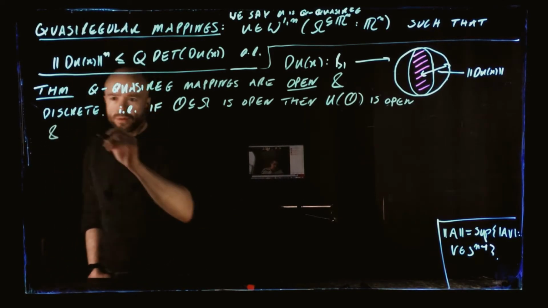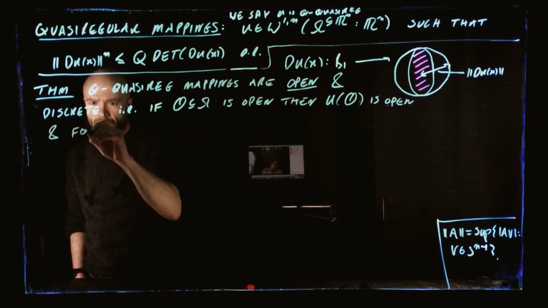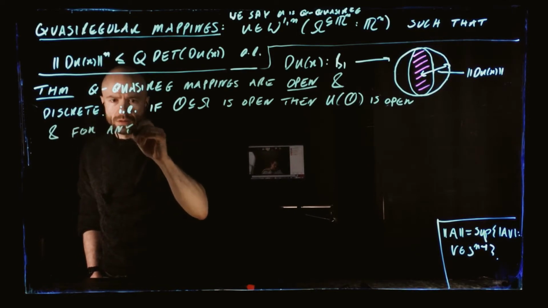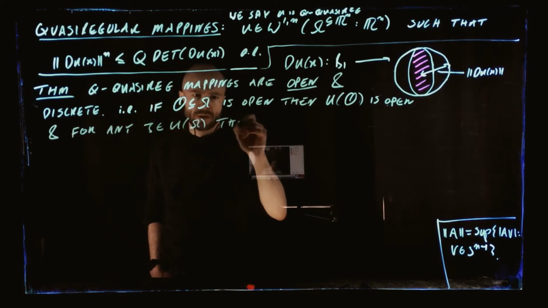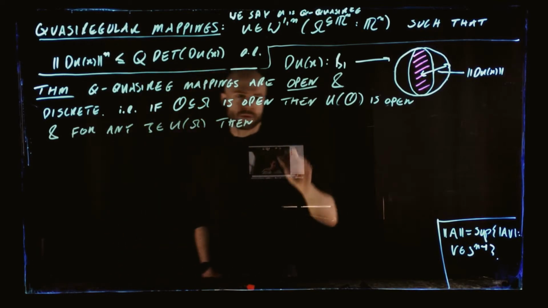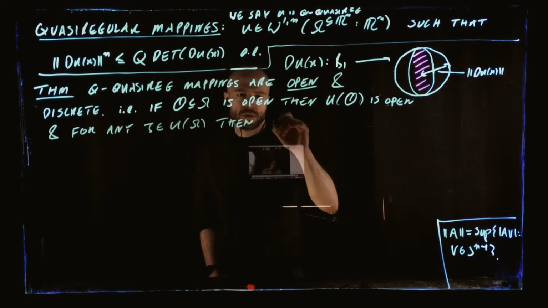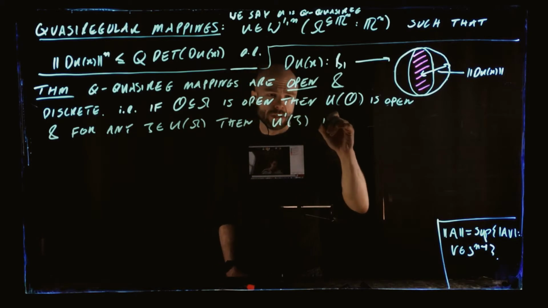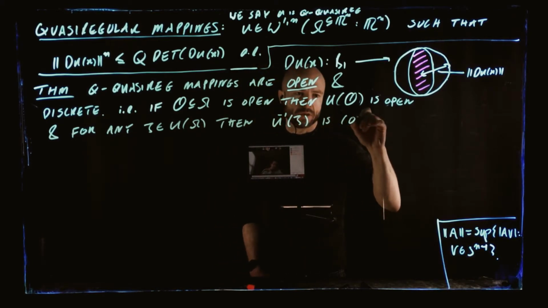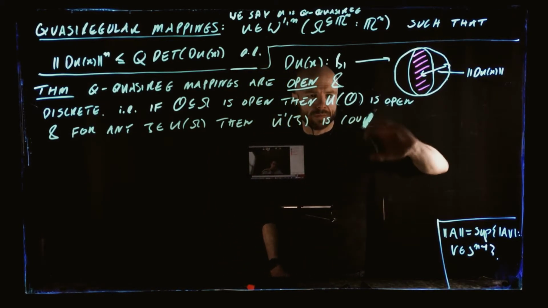means that if we take any zeta inside the image of omega, then u to the minus 1 of zeta is at most countable. So it could be finite, but it's at most countable.